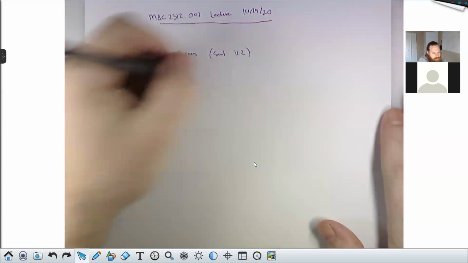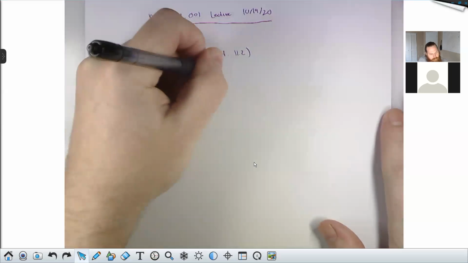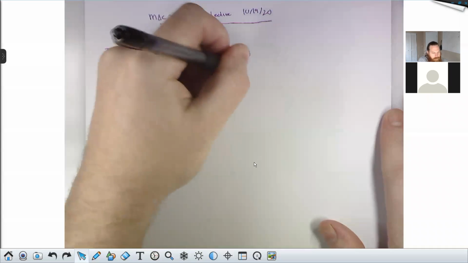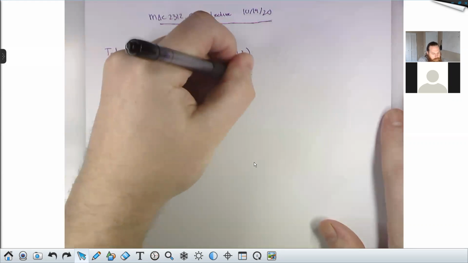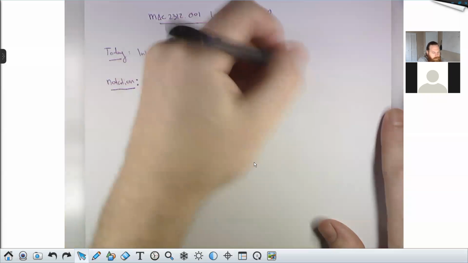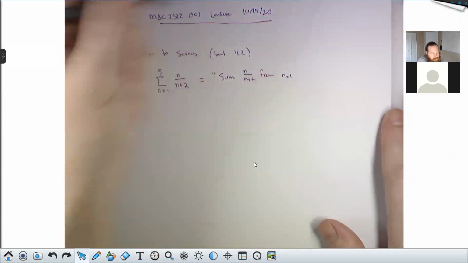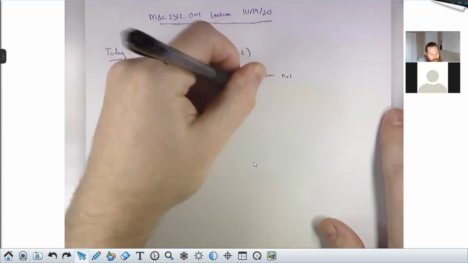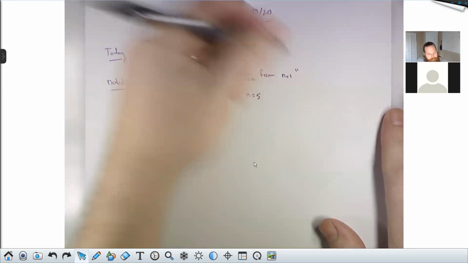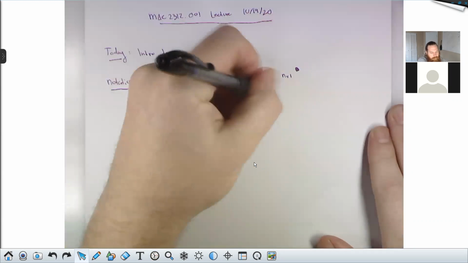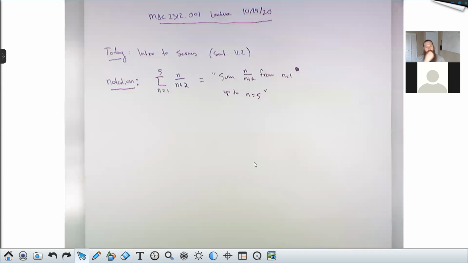So we read this as sum of n over n plus 2 from n equals 1 up to n equals 5.